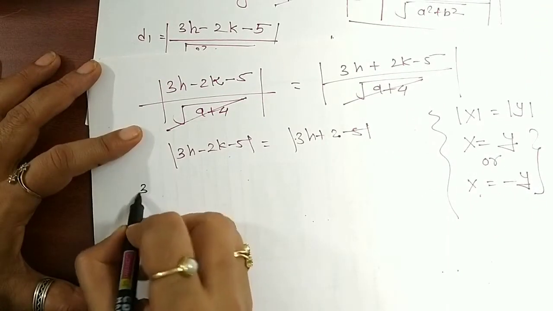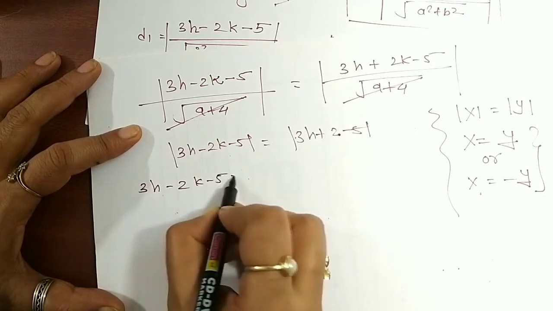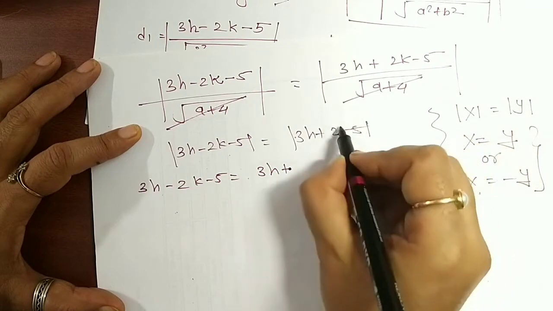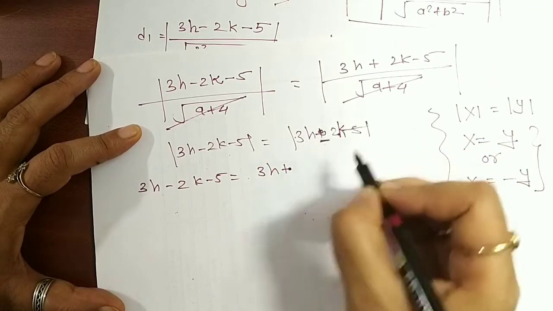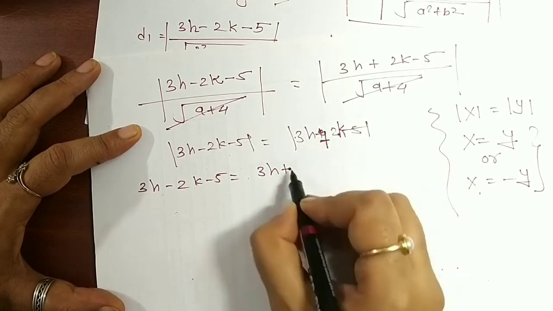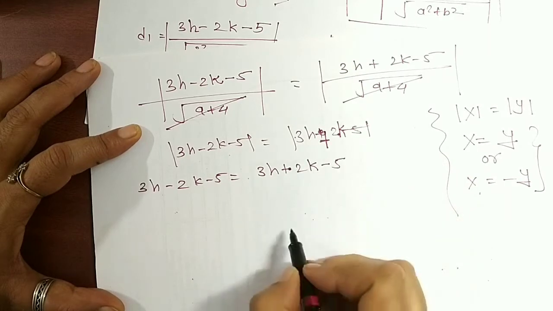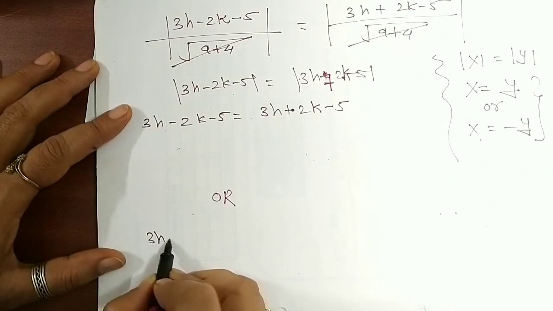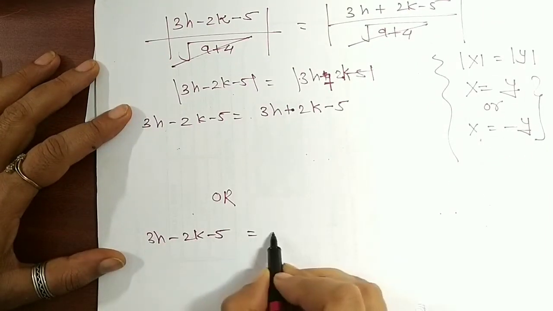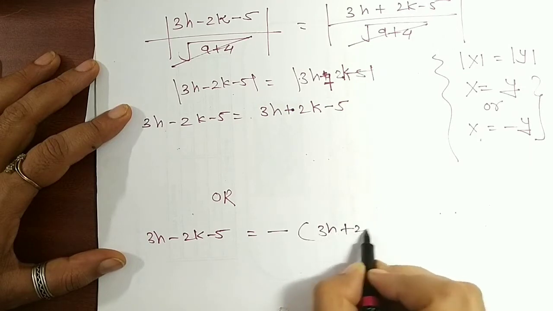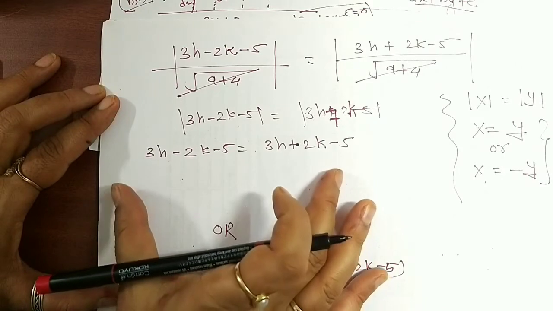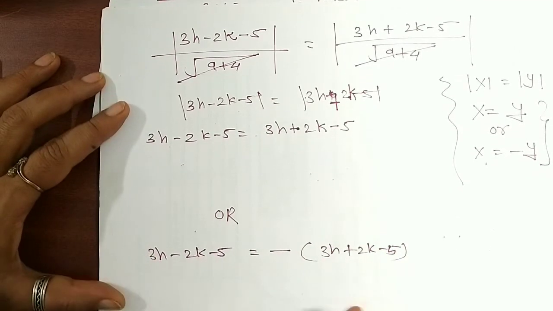First, 3h minus 2k minus 5 is equal to 3h plus 2k minus 5. This is the first equation. Or I will get 3h minus 2k minus 5 is minus of 3h plus 2k minus 5.